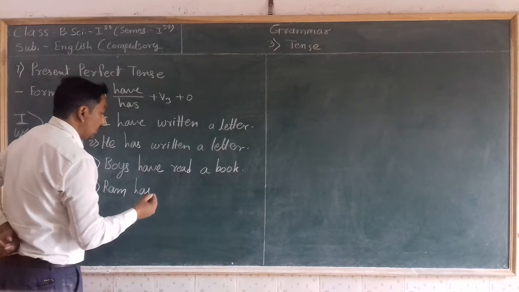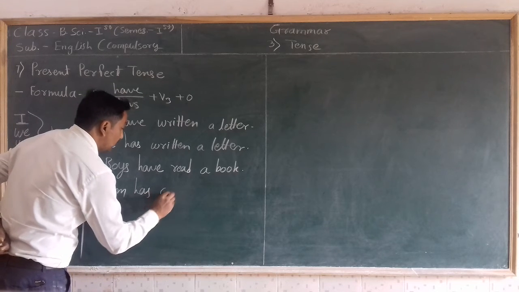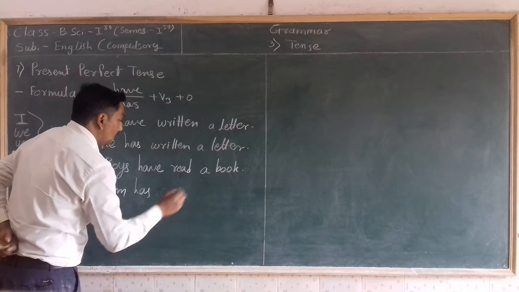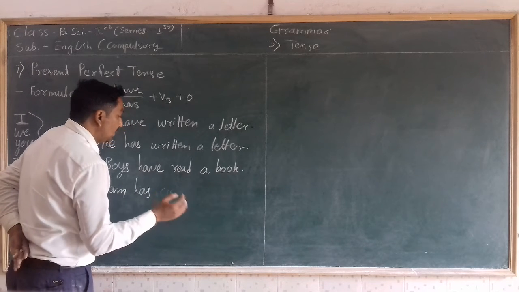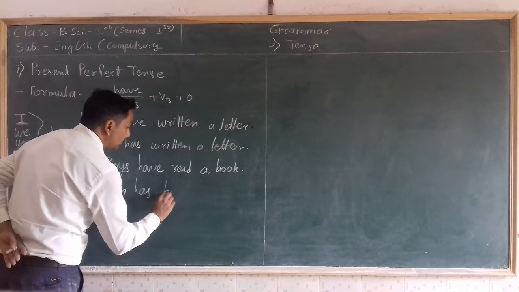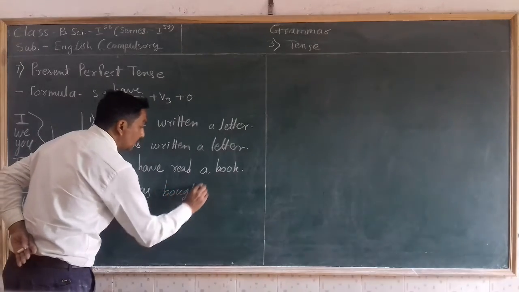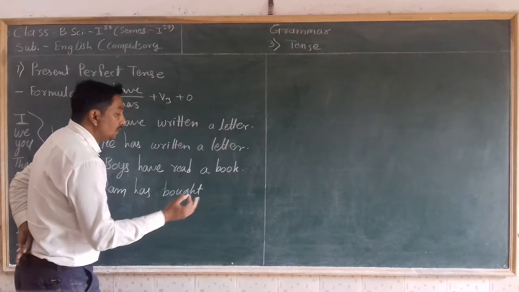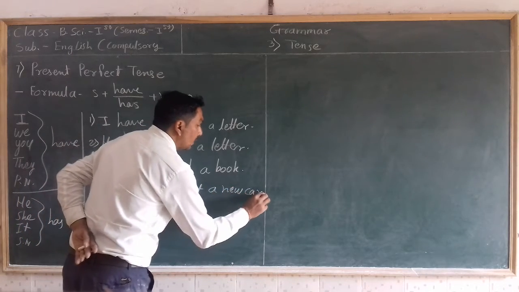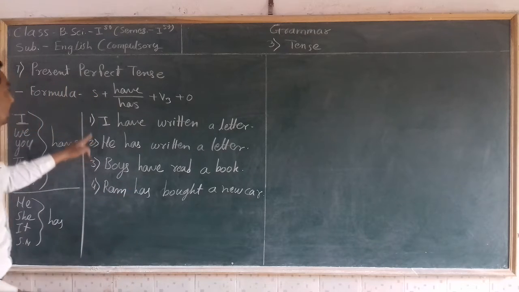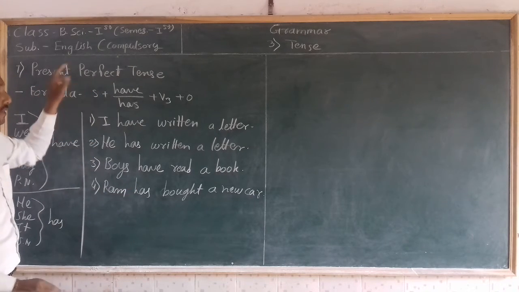So suppose I want to take a verb buy. So what is the past participle form of buy? Bought. Bought. What is bought? A new car. So in this way we can write a sentence in present perfect tense.